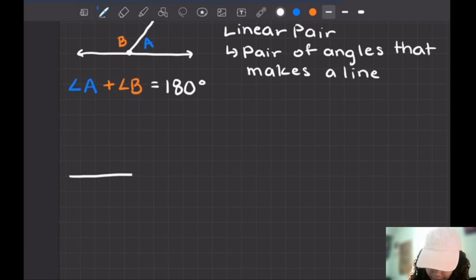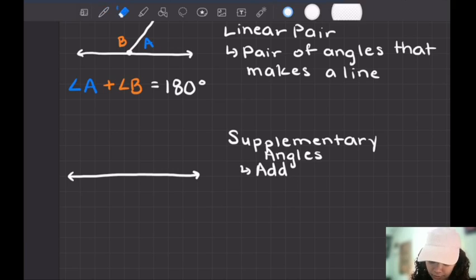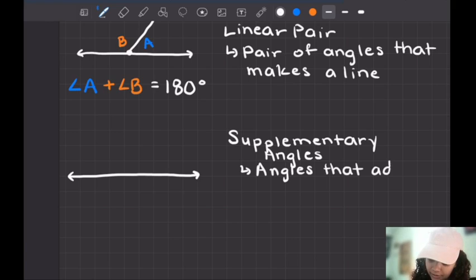We also have something called supplementary angles. So the difference between supplementary angles and a linear pair is that for supplementary angles, we can have more than two. Okay, so for example, supplementary angles, they still add up to 180. So they're angles that add up to 180. But now in this case, instead of only just having two angles, I can have 3 or 4 or 5 angles.